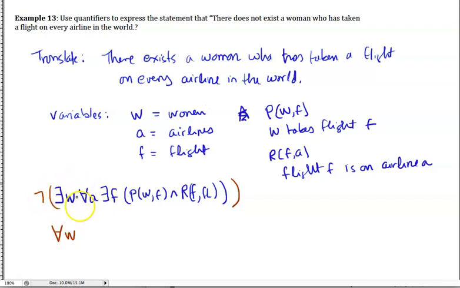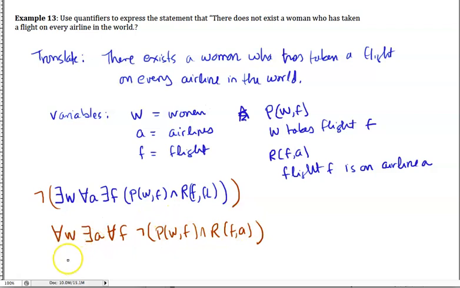When I negate every airline, there exists an airline. When I negate there exists a flight, every flight. And the negation goes to the combined statement here. So the negation changes the universals to existentials and the existentials to universals. But then with De Morgan's law, I can distribute the negative here.